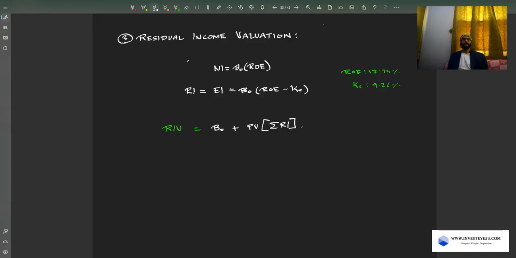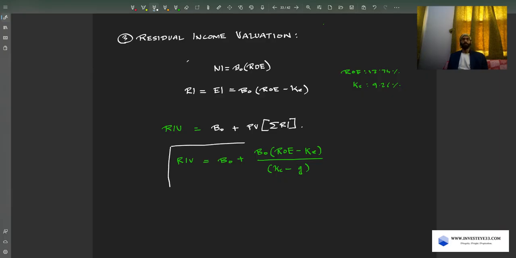And this is equal to present book value of equity plus book value of equity at time 0 multiplied by the excess return that is being achieved, return on equity minus cost of equity, divided by cost of equity minus the perpetual growth rate. Now this is the final expression for residual income valuation.